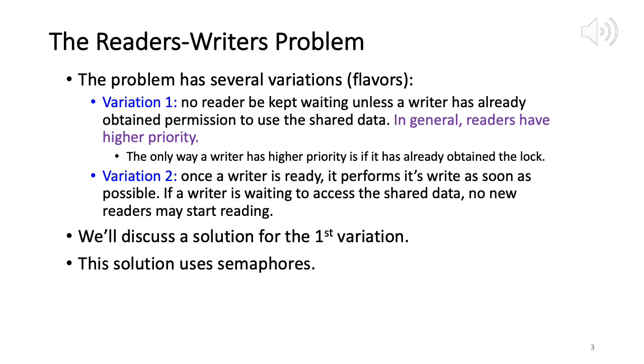The only scenario in which reader processes have to wait in this version is if a writer has already obtained the lock. If the lock is already obtained, we don't preempt. So if a writer has already obtained the lock, then all readers that wish to enter the critical section will have to wait.